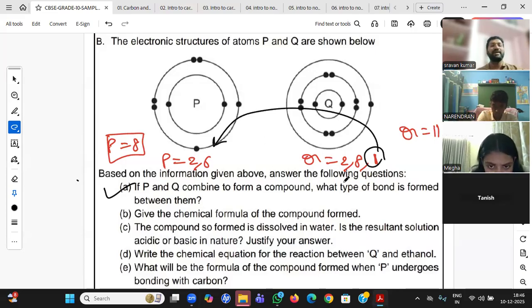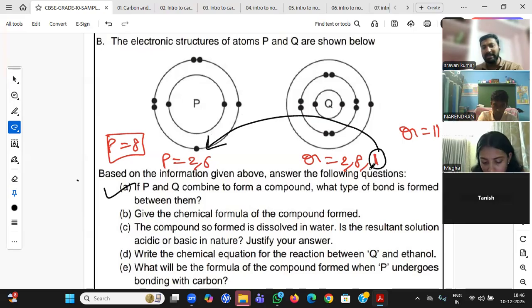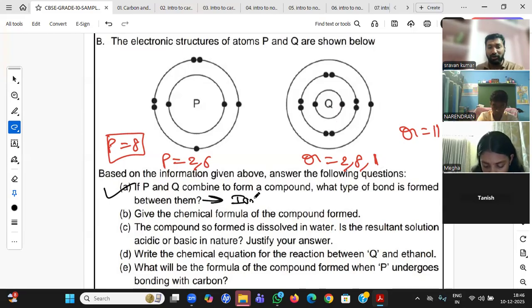It should not be shared. It wants to lose one electron. Whenever I speak about gain and loss or transfer of electrons, it is ionic bond. So here 2 comma 8 comma 1, it doesn't require, it wants to give completely. It doesn't want to share, it wants to transfer. That's the reason, students, it's an ionic bond. Tanushri, did you understand?